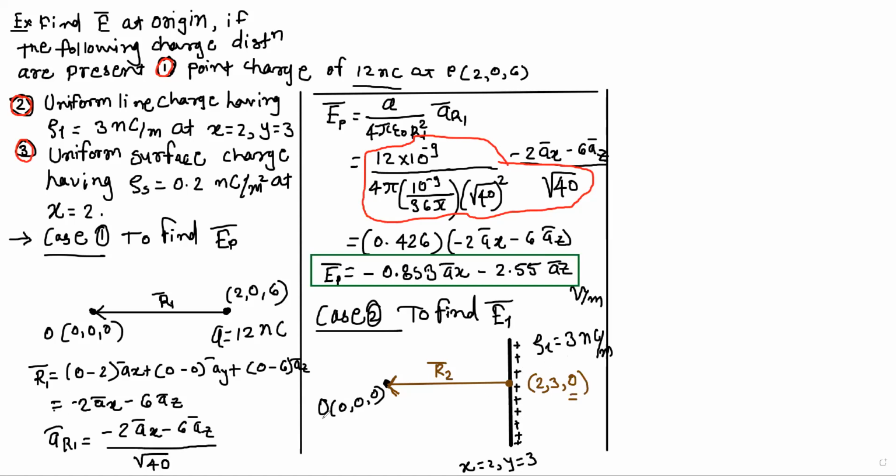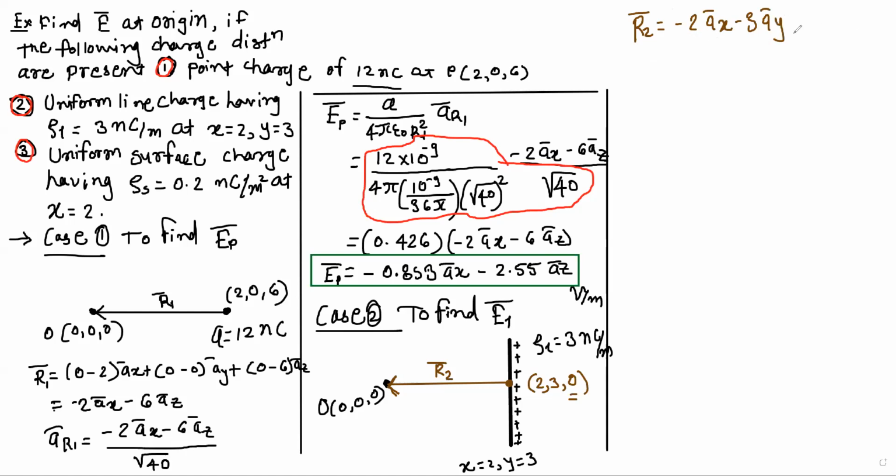With those 2 points, we are now able to calculate the value of R2 bar. R2 bar is equal to, how much will it be? 0 minus 2 a bar x, that is minus 2 a bar x, then 0 minus 3 a bar y, that is minus 3 a bar y, 0 minus 0 a bar z.